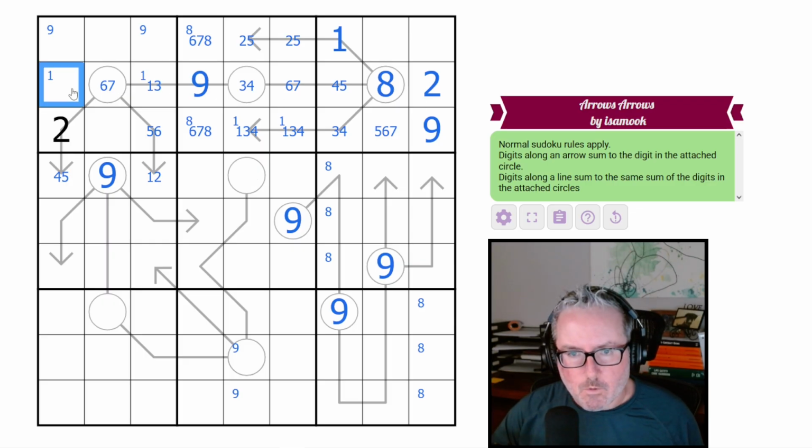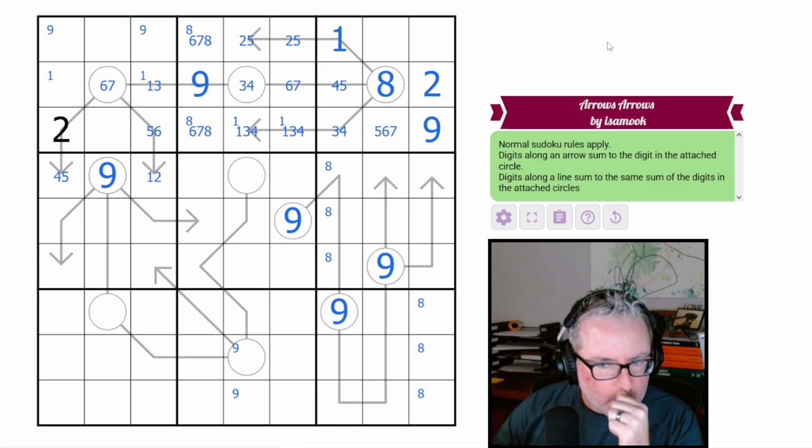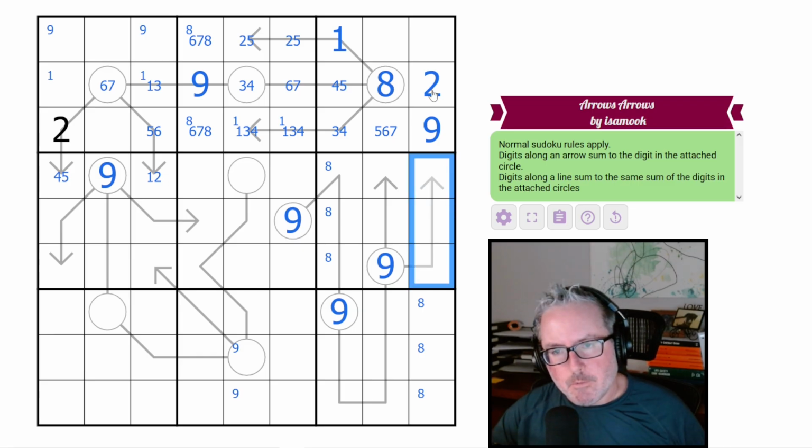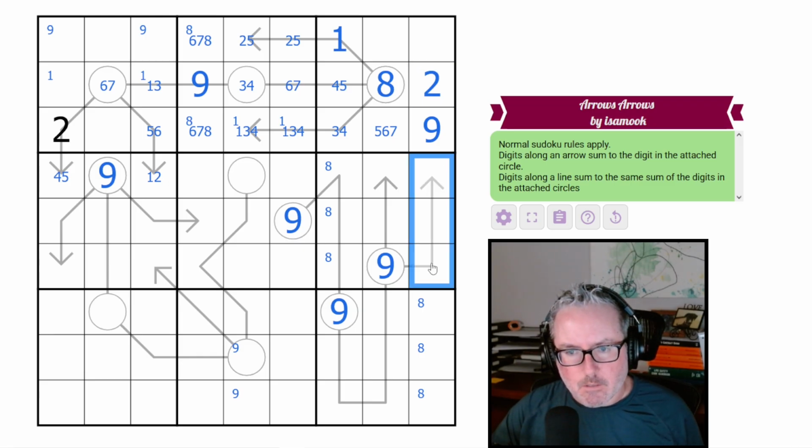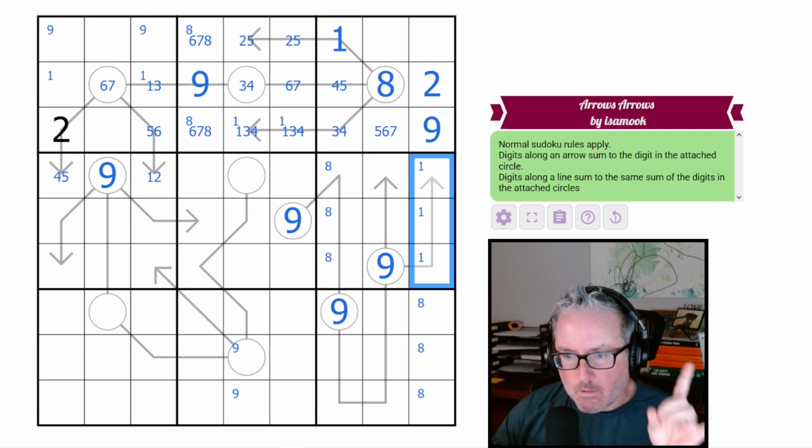This is still 1, 3, 4, 5, so it's not massive for us at the moment. This 9, we do have a little bit more with the 2 now. Says this has to have a 1. And it cannot be 1, 2, 6, so it has to be 1, 3, 5.